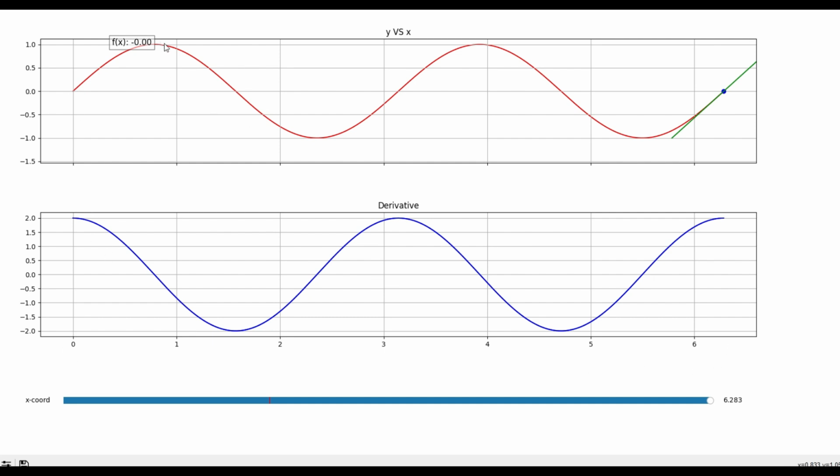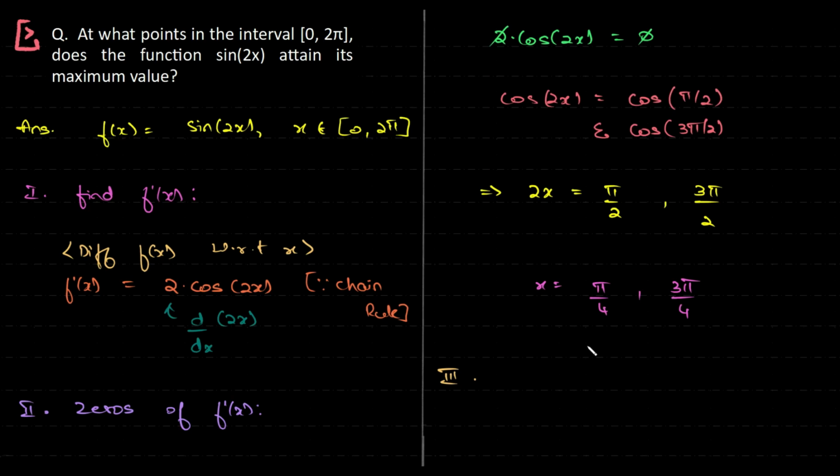And we can see that there are 2 maxima and 2 minima. In a normal sine wave, it would have been something like this. So we can't just ignore that.